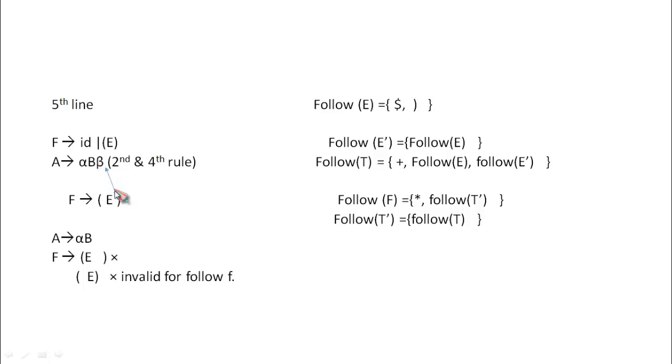So the first of beta here is the closing bracket, which is put in follow of E, so follow of E gets the closing bracket. There is no epsilon, so nothing more applies here. For the third rule, this is not valid, so we get follow of E, follow of E prime, follow of T, and follow of T prime.